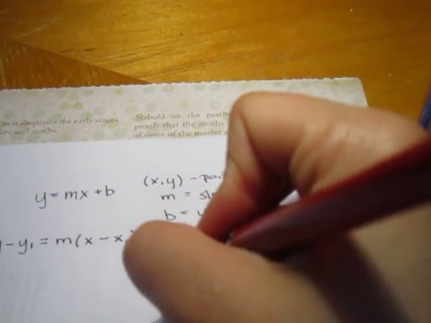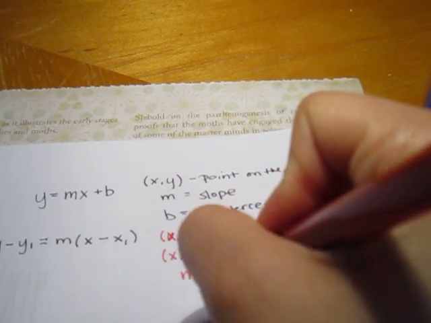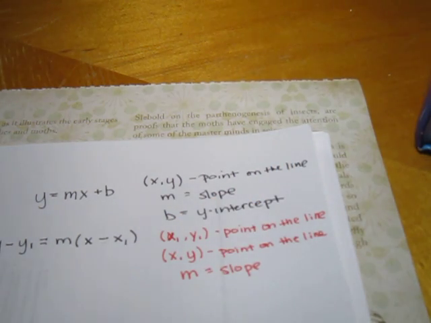The m, of course, is still slope. And notice here that we do not have a b or a y-intercept like we did for the slope-intercept form.